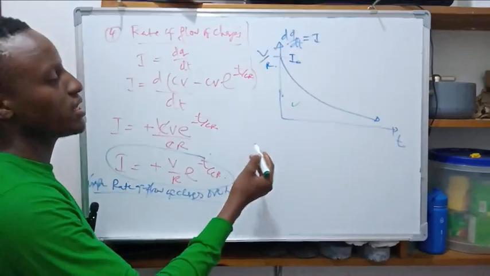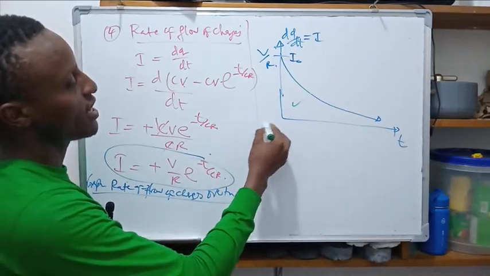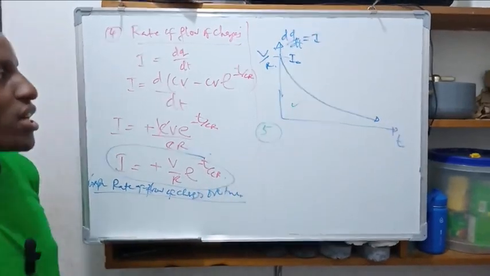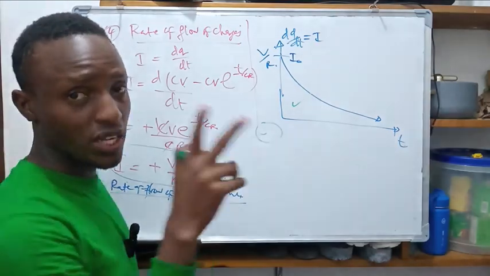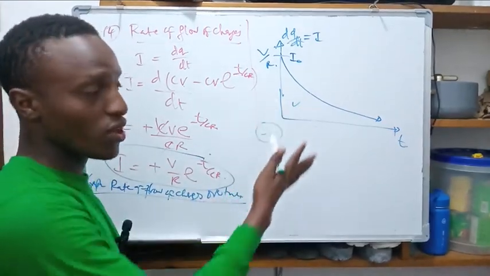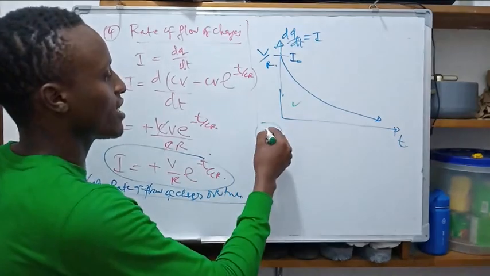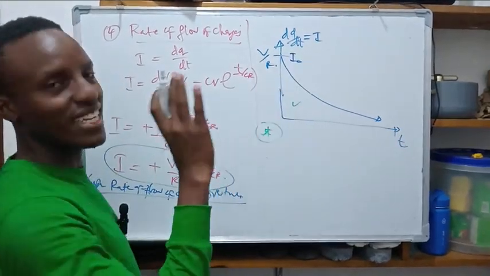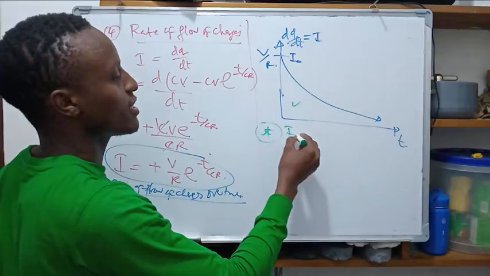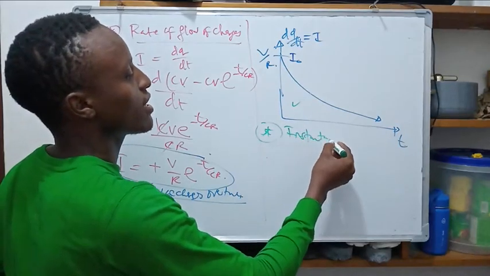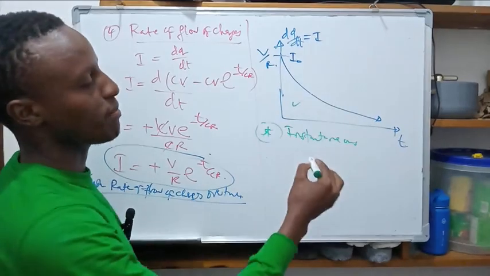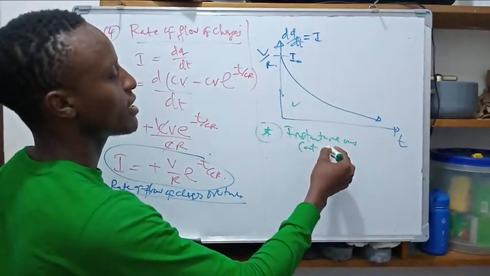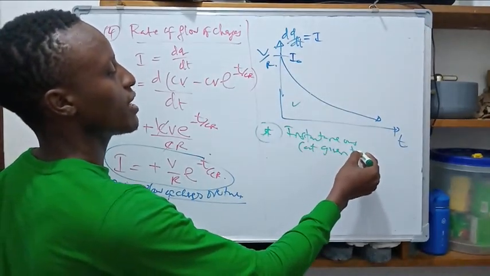But what if they ask you not about the nature but the rate of flow? They can ask you in two cases. They can ask you the instantaneous, which is at any time, at the given time.